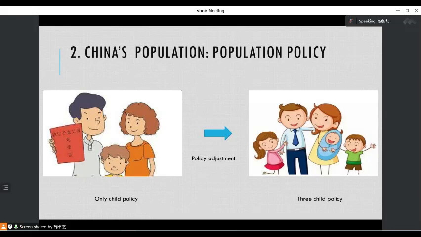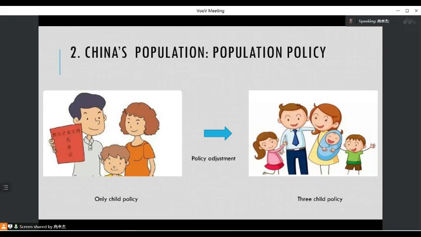In fact, the features of China's population are more than what we have introduced in our class, but what we have introduced are more typical characteristics, including large quantity, high density, sex ratio, disharmony between men and women, and aging.